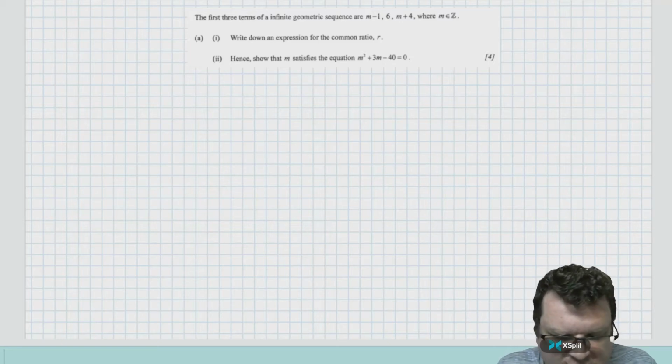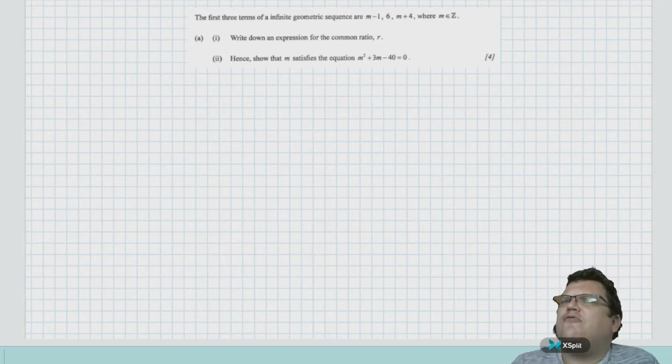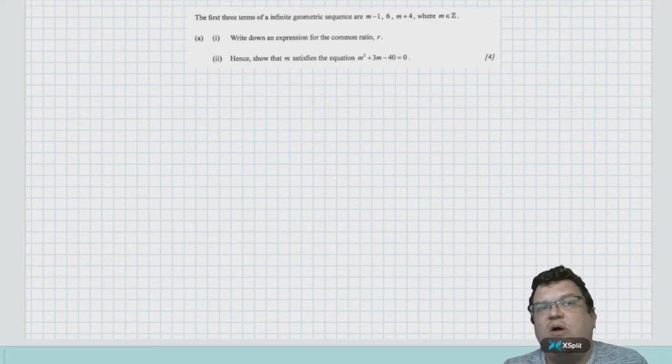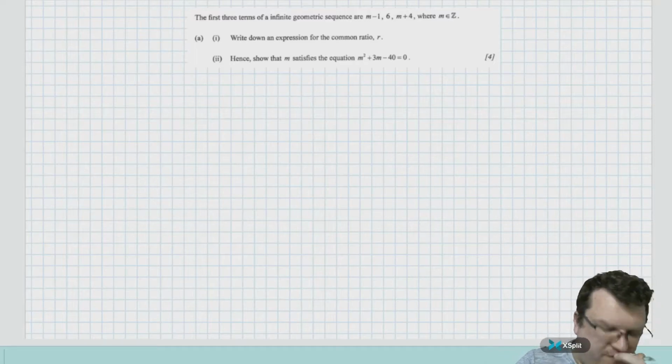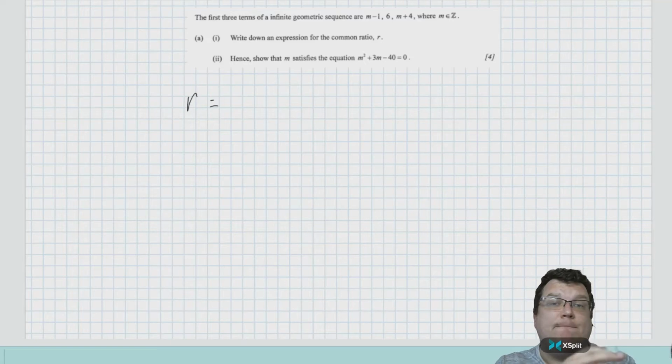So first off, we're asked to write down an expression for the common ratio r. Again, write down, quite a key word here. We shouldn't have to think too much, it should be fairly straightforward. So we're just going to write r is, now remember, the common ratio is what I have to multiply each term by.